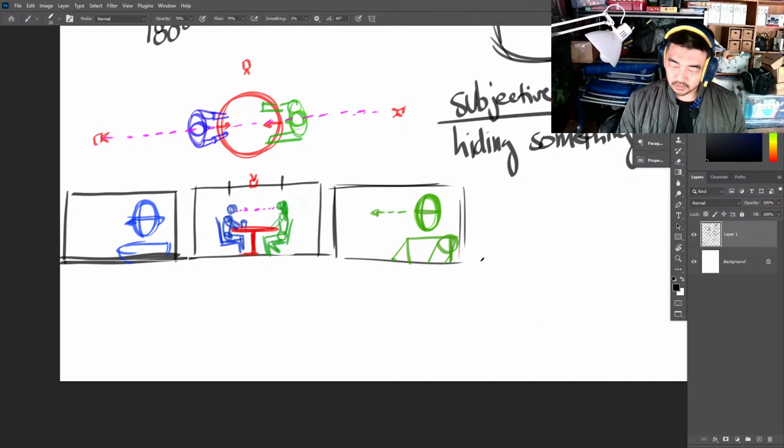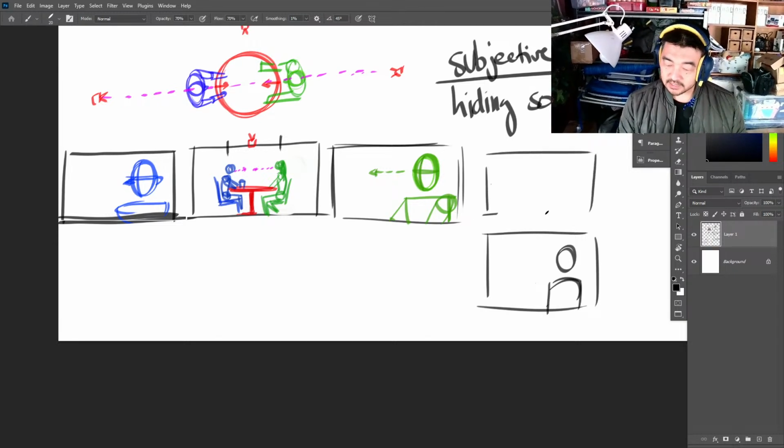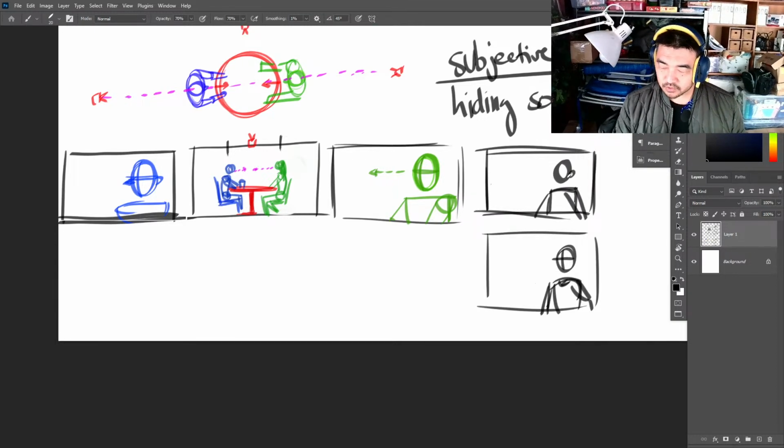So if you have it where there's a person on this side, let's say we're not using colors now, we're just using black and white. If you have a color right here, and then you do another person right over here, the same, it looks like the same person, so it kind of confuses the audience.